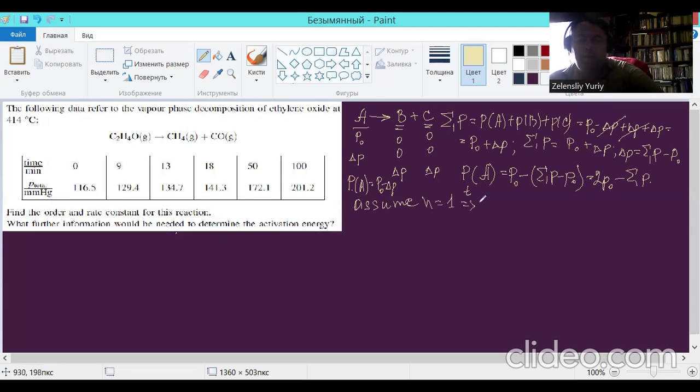In this case, k is equal to 1 over t times the natural logarithm of the initial concentration of A over the concentration at time t. Okay, right? That means this one.